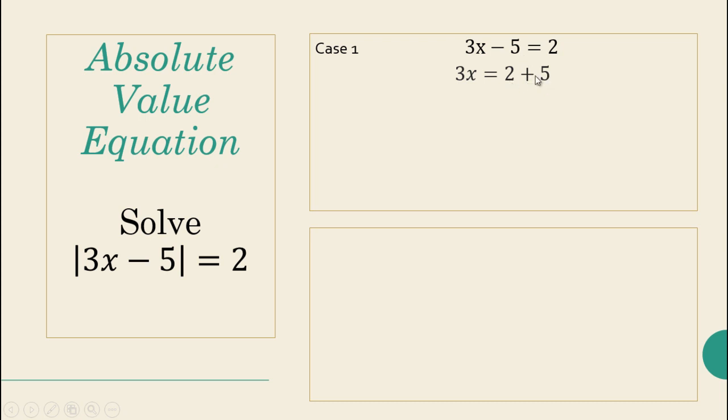So mo na siya gi-shortcut na lang. So this will become 3x equals to 7. Now, to get the value of x, we are going to divide 3 on both sides para nga x na lang ang mahibilin. So this will become x equals to 7 over 3. Okay, so that is our answer in case 1.